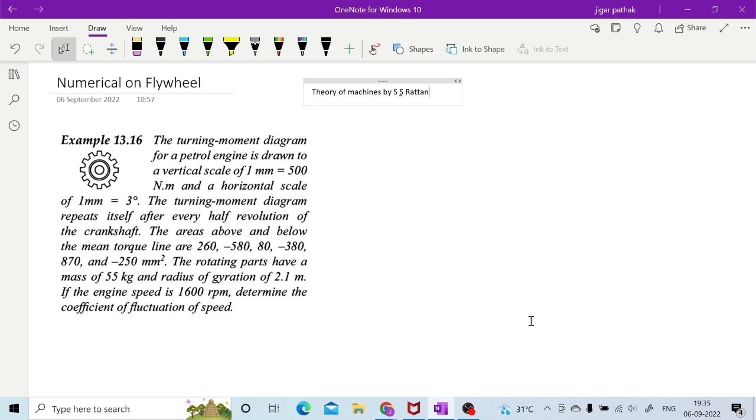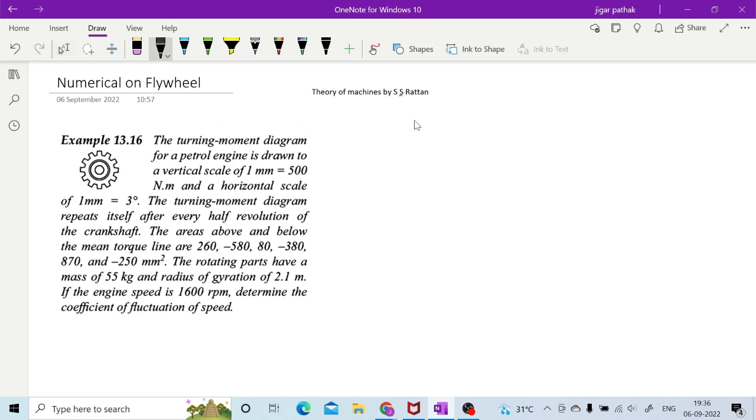The areas above and below the mean torque line are 260, minus 580, 80, minus 380, 870 and minus 250. The rotating parts have a mass of 55 kg and a radius of gyration of 2.1 meter. If the engine speed is 1600 rpm, determine the coefficient of fluctuation of speed, that is k.